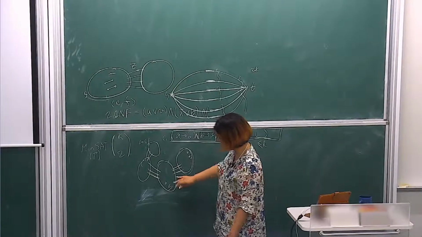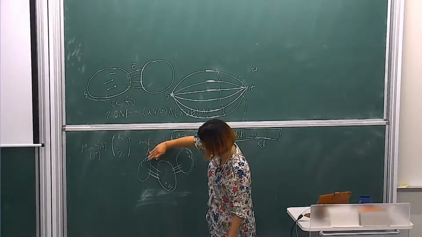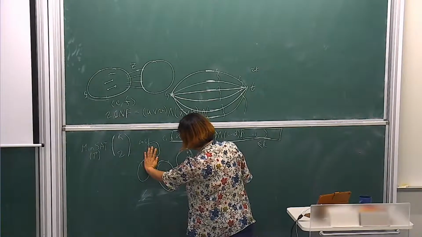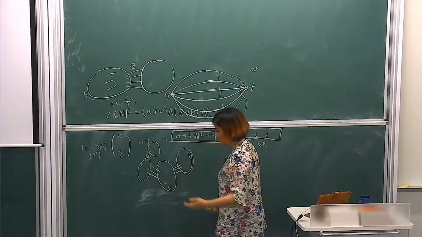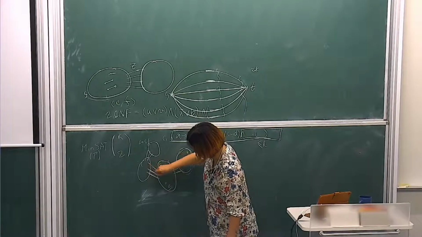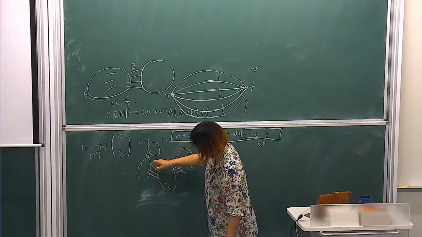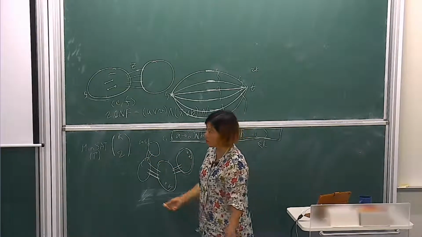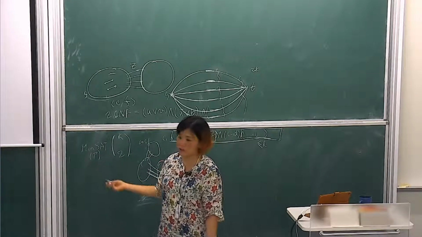Just like in this example. If Z is a minimal ST cut, then you cannot have such a connected component. But if you drop the condition that it should be minimal, then you might have more components when you remove the edges in Z. So we allow such a case.